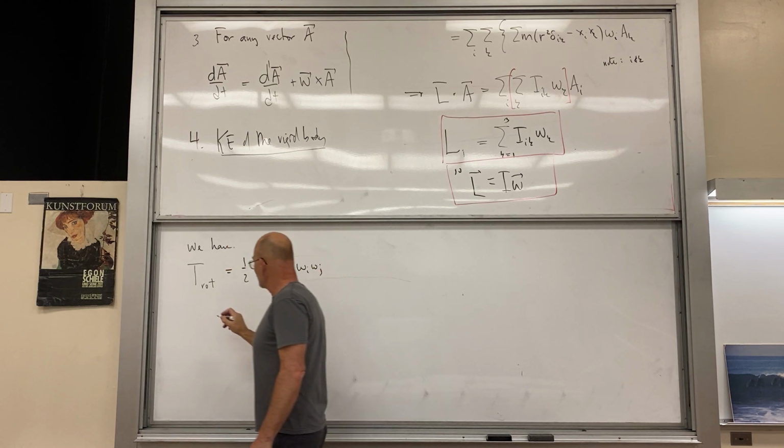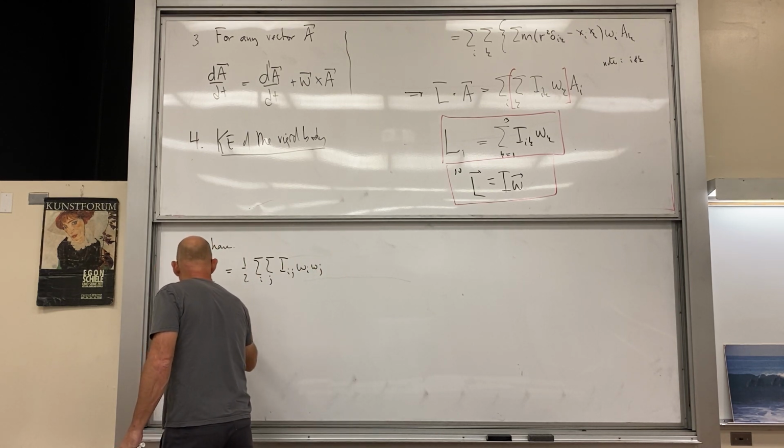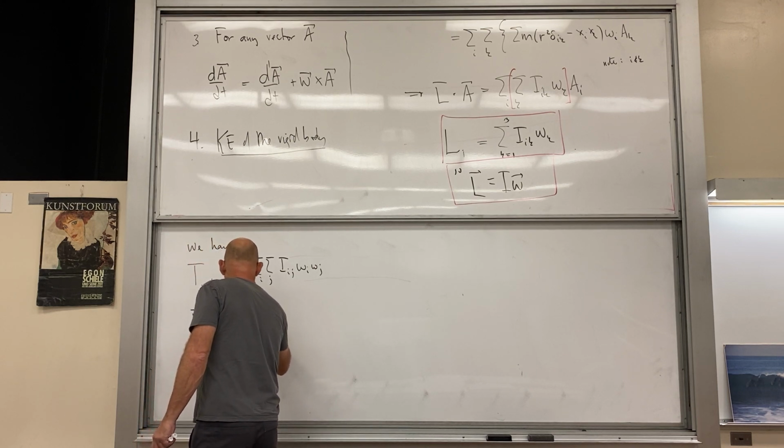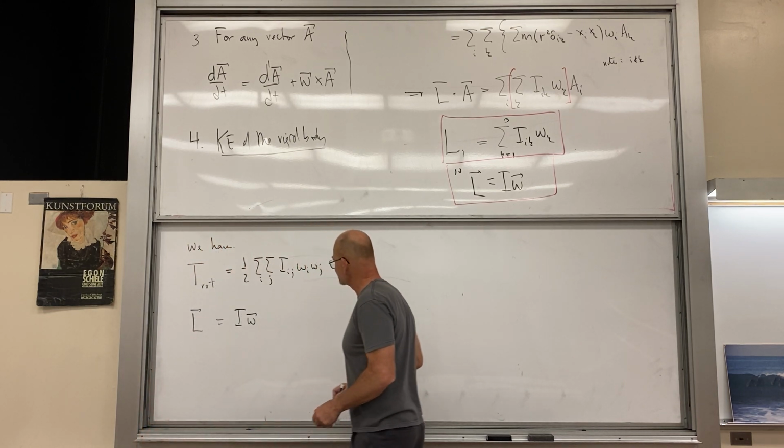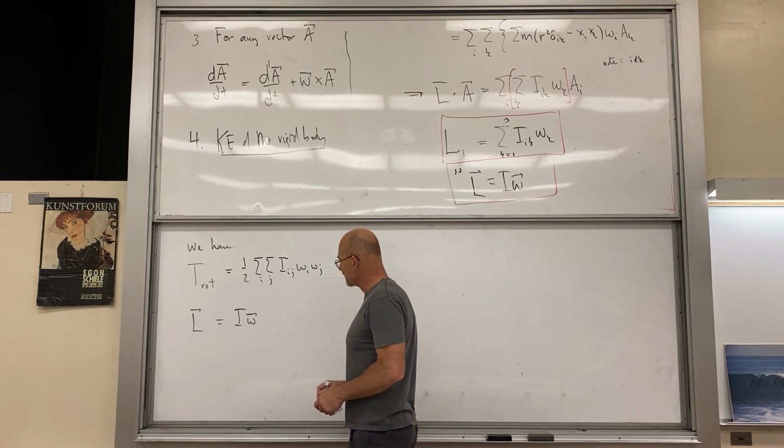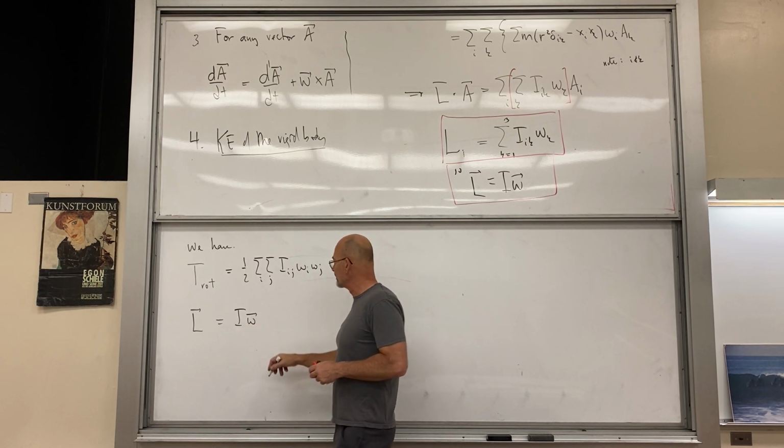That's our quadratic form. We have L equals I omega. And again, it's a matrix times a vector.